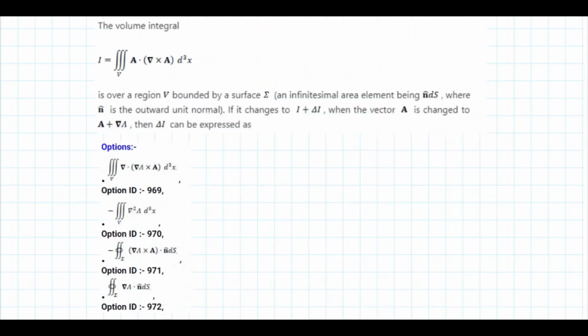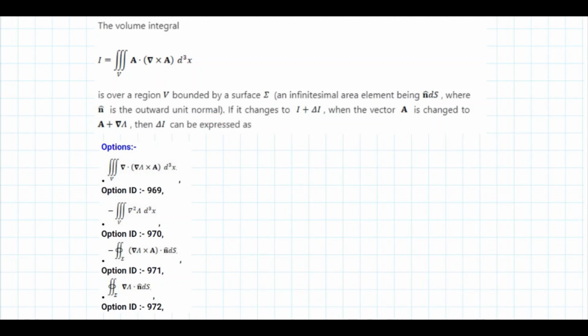Over to the next question. The volume integral I is equal to the triple integral of A dot del cross A d³x over a region V bounded by a surface sigma, with an infinitesimal area n cap dS, where n cap is the outward unit normal.